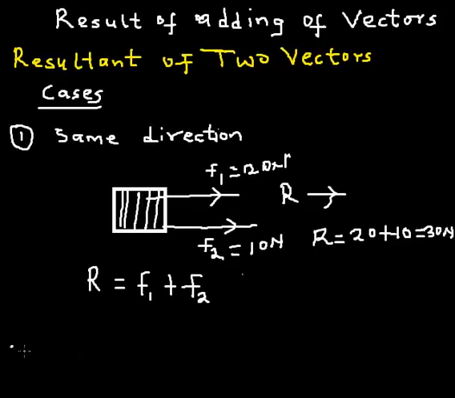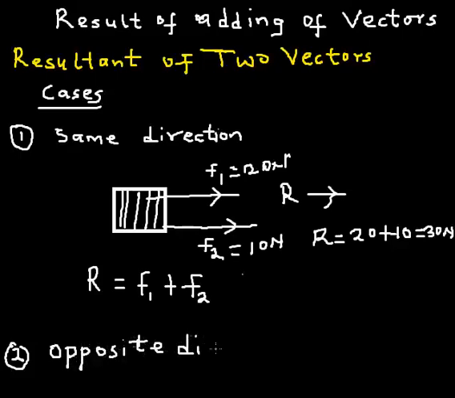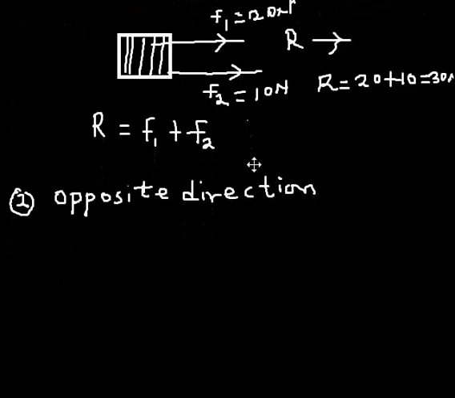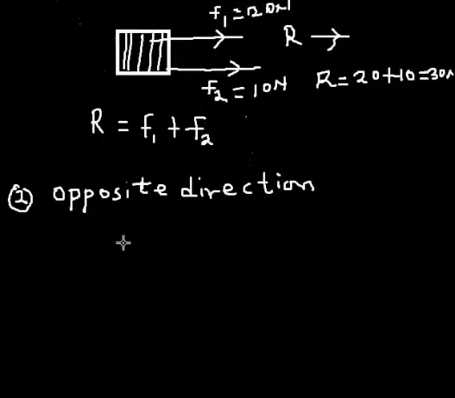Let's look at a case where the two vectors act in opposite direction. To illustrate this, it's like when you have a load and two opposite forces drag on the load.